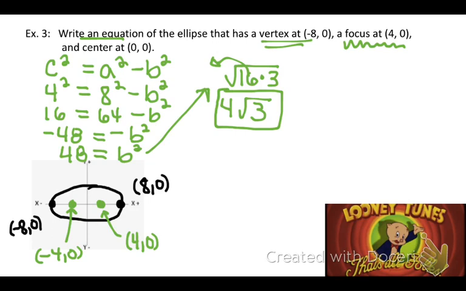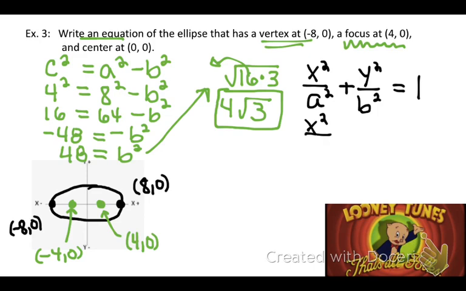Now we should have enough information to go ahead and write our equation. The equation we have to use for horizontal is going to be x squared over a squared plus y squared over b squared equals 1. You're going to be so tired of hearing this, but maybe you'll remember it. And then we fill in our values. X squared over 64 plus y squared over 4 square root 3, and that quantity is squared, equals 1.